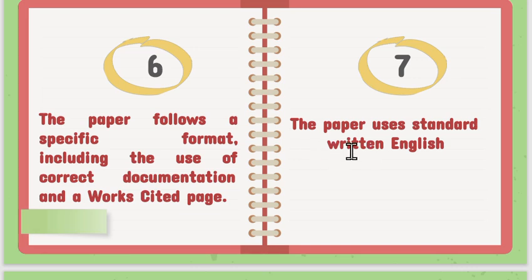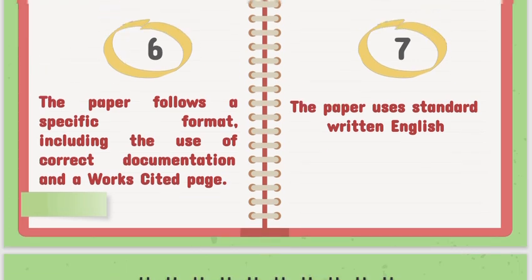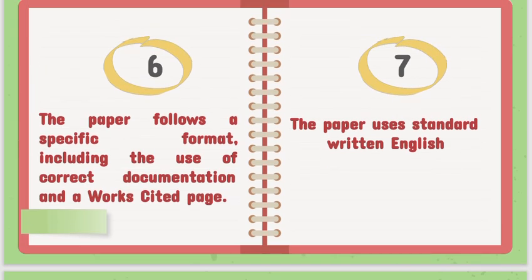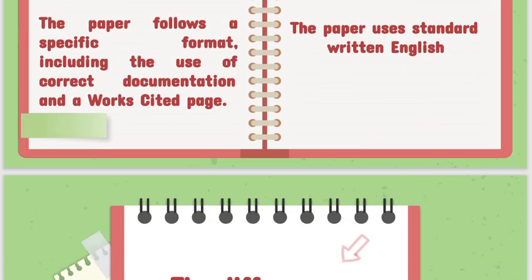Number seven, the paper uses standard written English. Now these seven points represent the main characteristics of a good research paper. So every researcher should make sure that these points are followed in order to produce a good research paper.